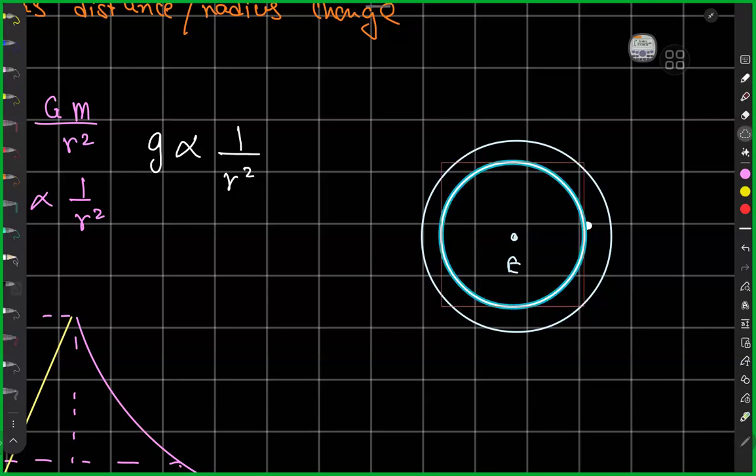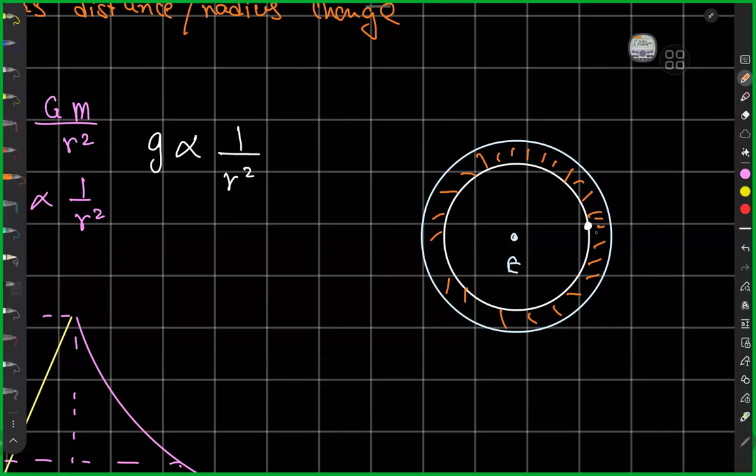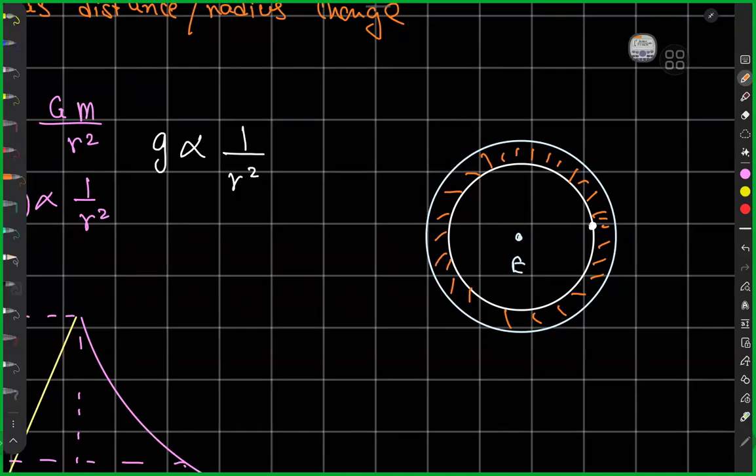This object stops feeling a force from this entire marked shell of Earth. Why? Why did that happen? Because it went inside Earth. And what happens when you're inside Earth is all the mass. So if I draw a line over here, what better color do I have?